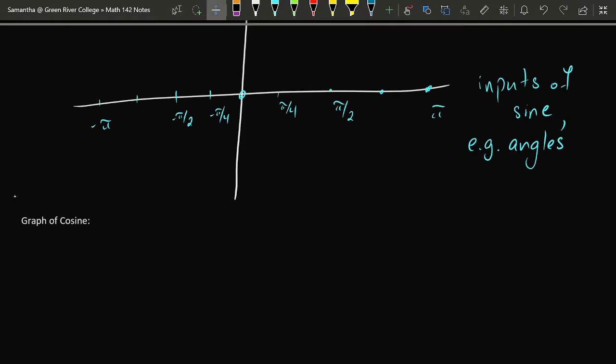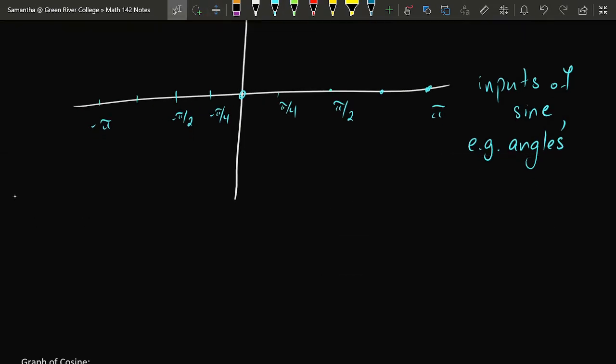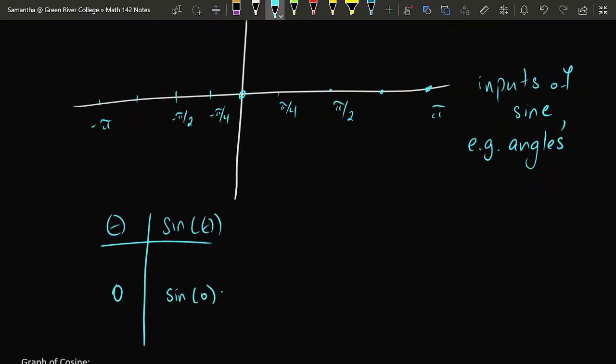So let's see if we can plot a couple of points on the graph of sine. I'm going to represent the inputs by theta and the outputs by sine of theta. And let's see, for example, what we get if we plug in theta equals 0. Sine of 0, looking back at our unit circle, is equal to 0.